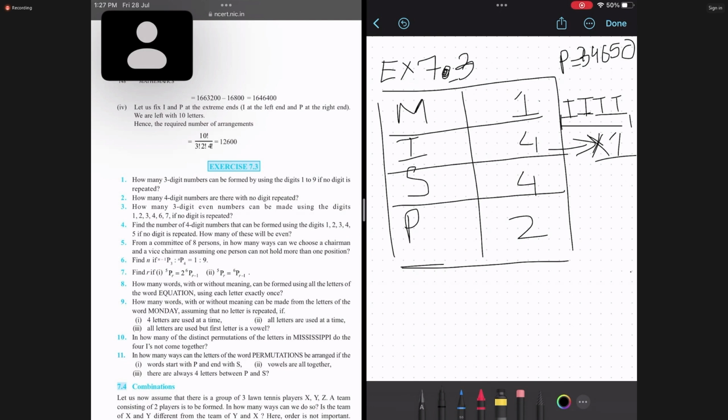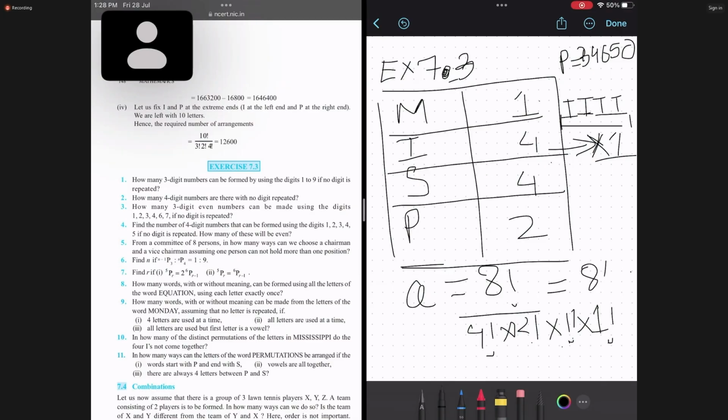So considering all four I's together as a single letter, the permutations that are possible, denoted by Q, will be 8 factorial, the total number of letters now, divided by 4 factorial because S are repeating, into 2 factorial, into 1 factorial, into 1 factorial. Correct. Because I've treated I as a single letter and M as a single letter, so I get Q as this, and when I calculate that, Q comes out to be 840.